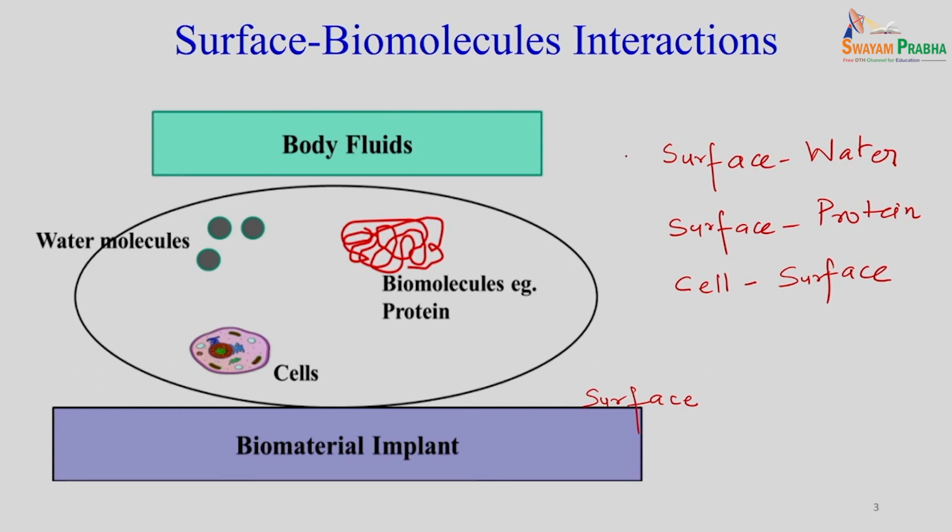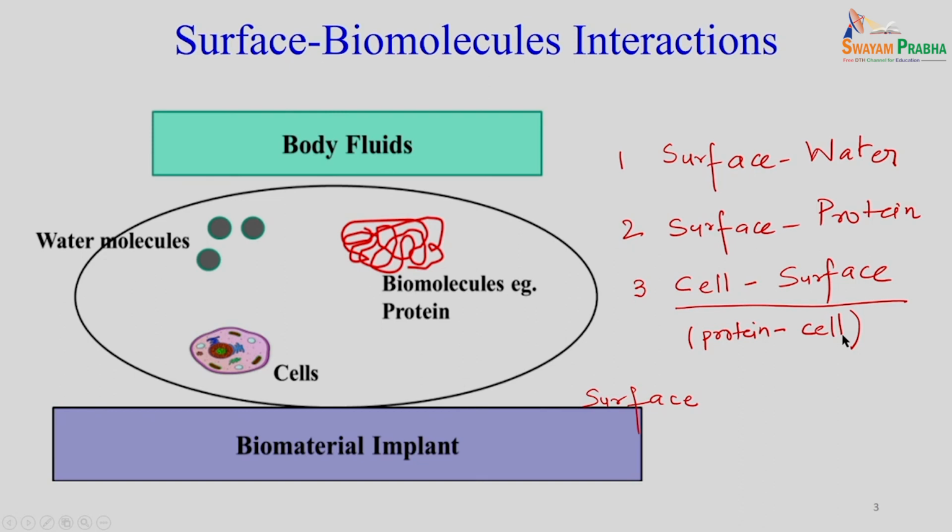So, as a third step, sometimes this cell surface interaction looks like protein and cell interactions, because already adsorbed protein is present on the surface.